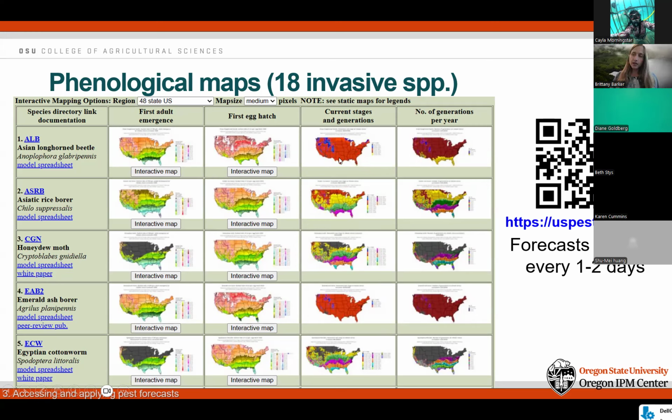For example, for emerald ash borer, probably in Oregon right now, they're probably laying eggs, so I'd probably be seeing first generation eggs or maybe first generation larvae. And then the last column is showing number of generations per year. If we produce the forecast out through December 31st, how many generations would that insect complete? The forecasts are updated every 1 to 2 days to stay current.